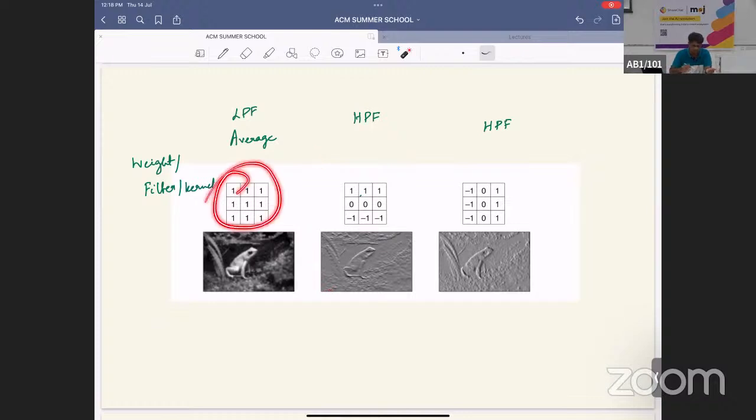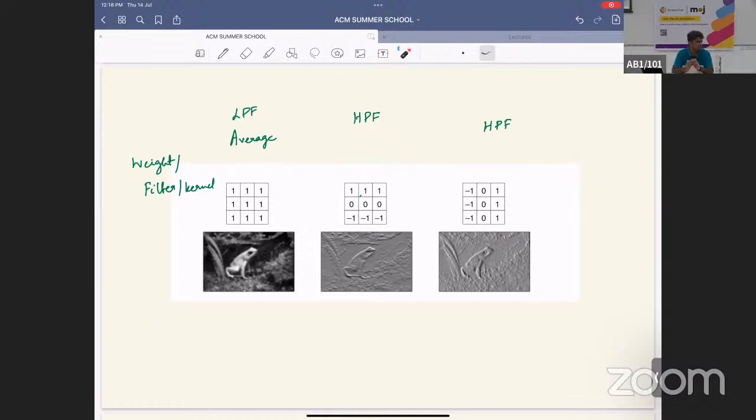Similarly, this one is an averaging filter. It is going to blur the image. This is a low pass filter. Here also the weights, filters or kernels are shared across all the pixels in the image. But the fundamental difference is that for yellow detection with +1, +1, -1, for blurring the image, and for detecting horizontal and vertical edges, we used hard-coded weights.